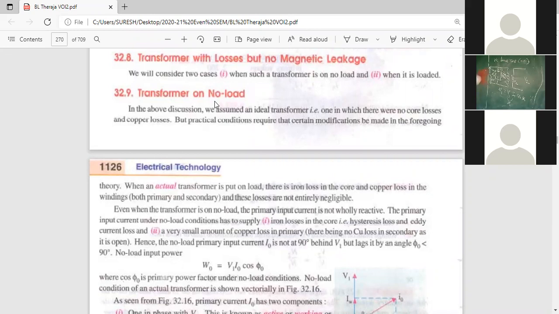Now this is the equivalent circuit for the core. These two are the equivalent circuit for the core I am drawing.